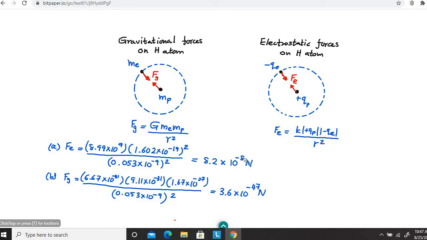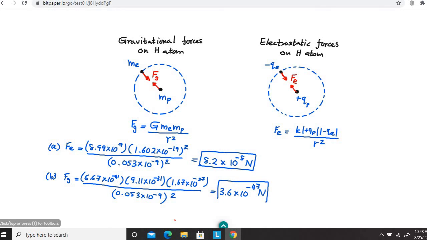So you can see, compared with the electrostatic force, the gravitational force between the electron and the proton inside the hydrogen atom is extremely small. It's negligible. We don't have sophisticated instruments to actually check or detect such a small variation. So this is the answer for part A, and this is the answer for part B.